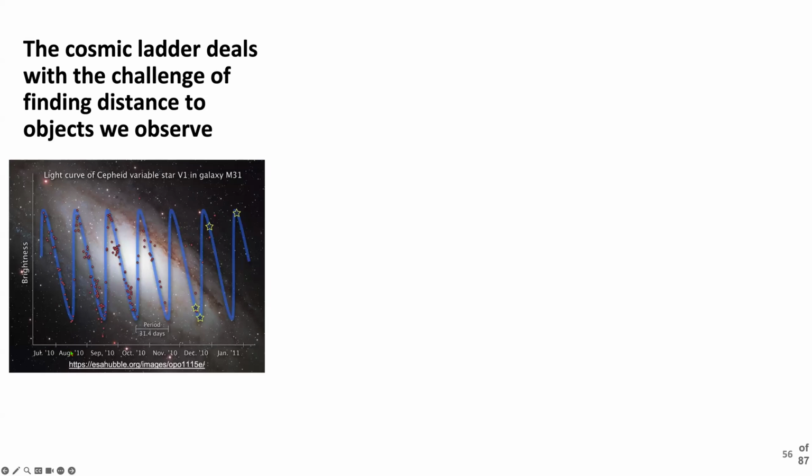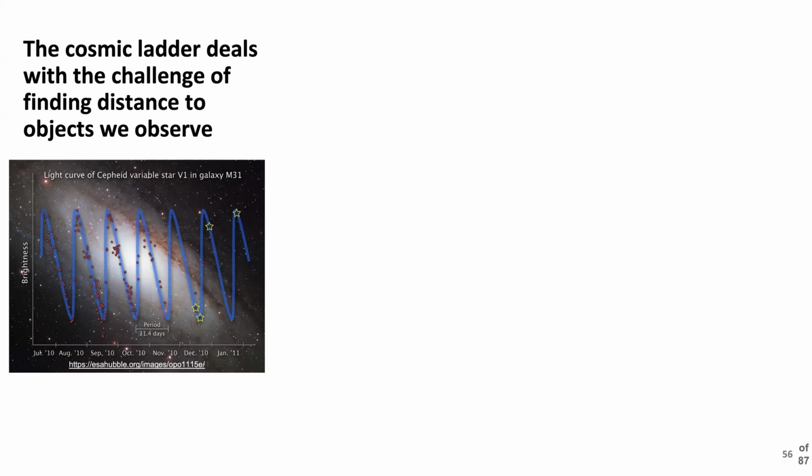Here's an example of a Cepheid variable. You see the calendar dates here over about a year. These stars get brighter and dimmer because they swell up and then they collapse, and they swell up and they collapse. And we have Cepheid variable stars near us in the Milky Way.